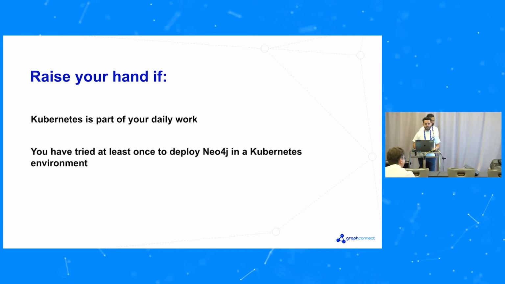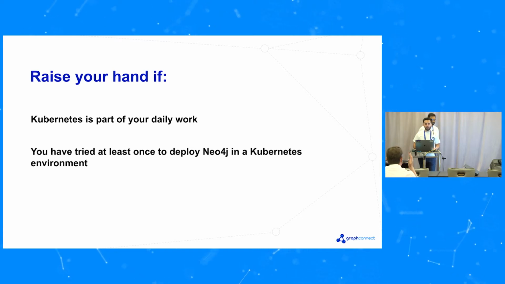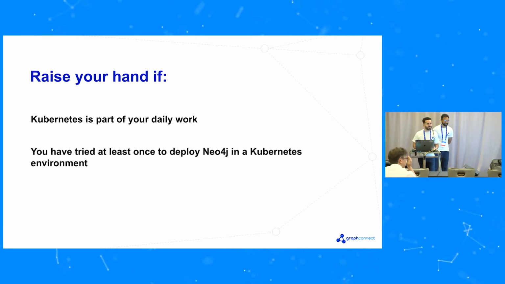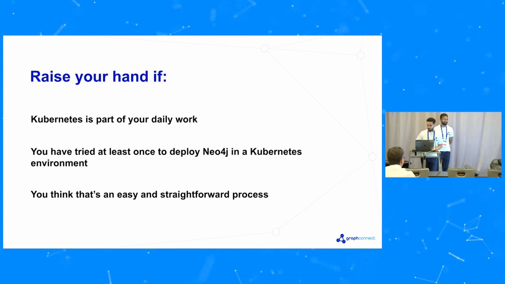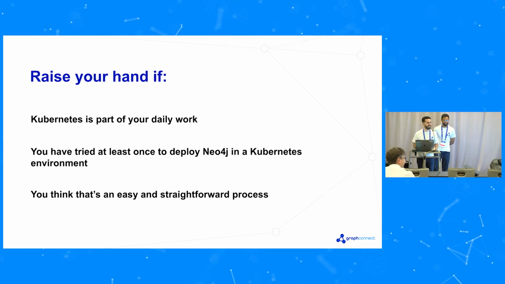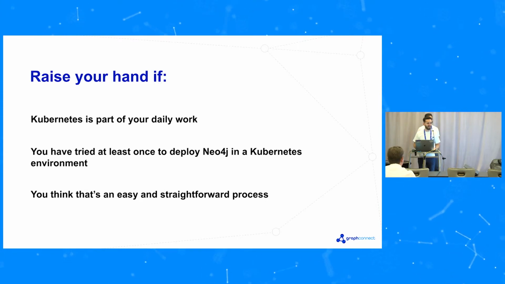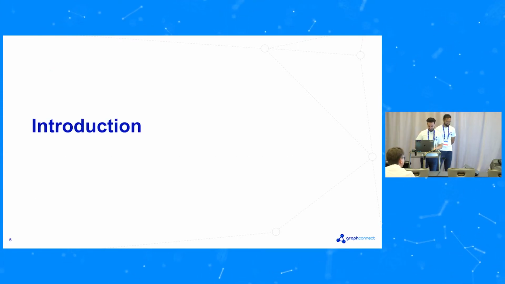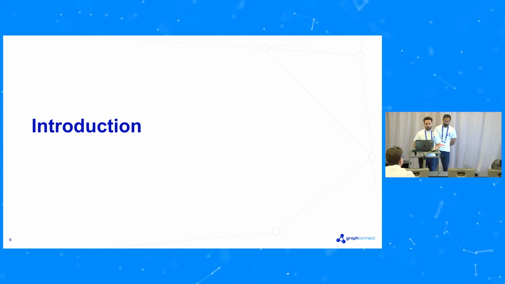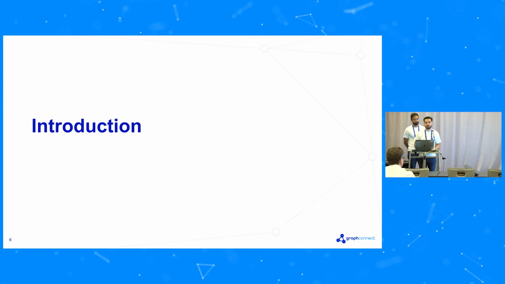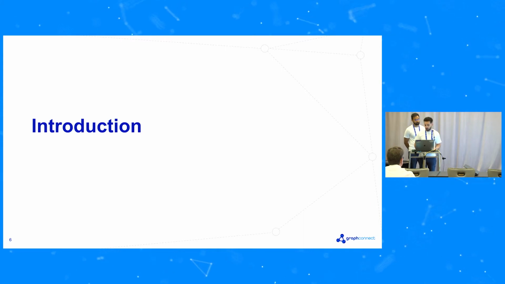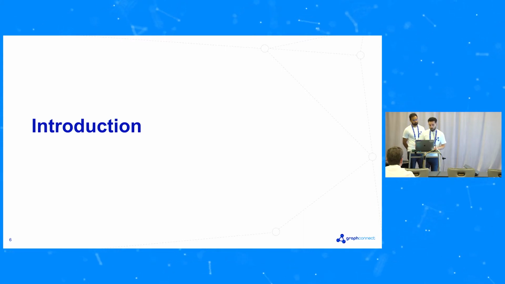You have tried at least once to deploy Neo4j in a Kubernetes environment. 4 people. You think that's an easy and straightforward process. Okay, so we're gonna talk a bit about what we do to make things easier for this process to go through.